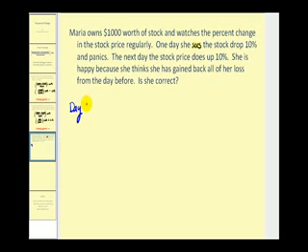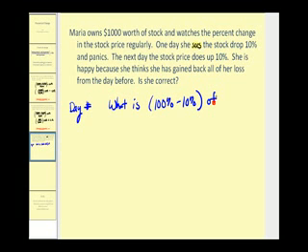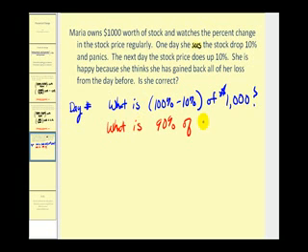On day number 1, we want to know what is 100% minus 10% of $1,000. So to answer this, we want to know what is 100% minus 10%, which will be 90% of $1,000.